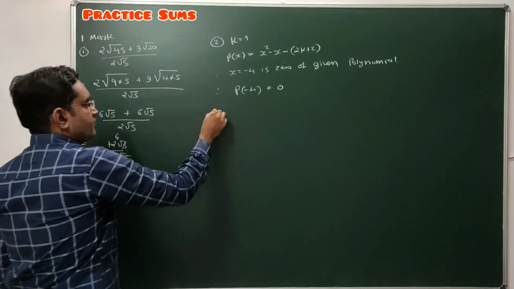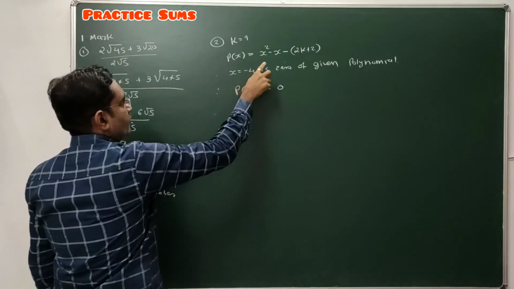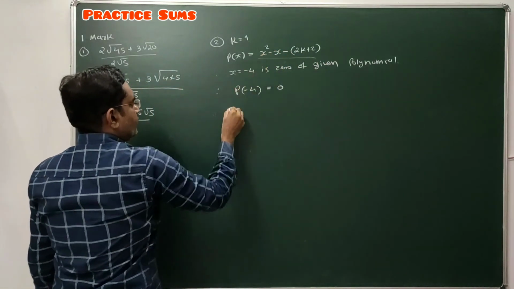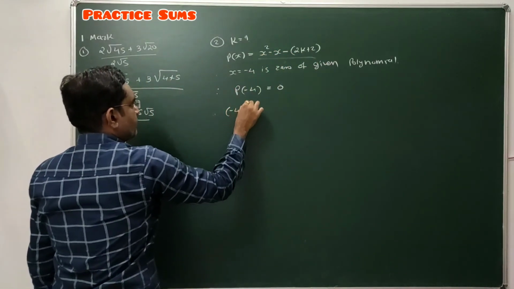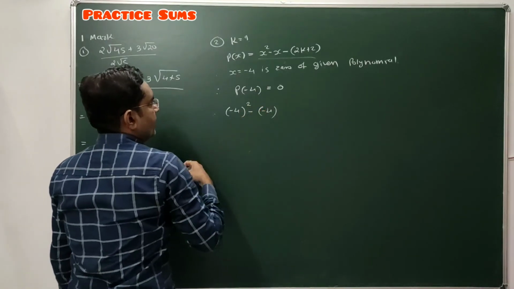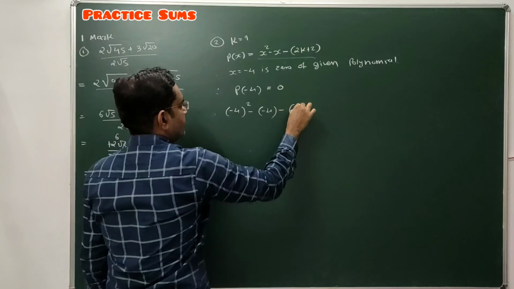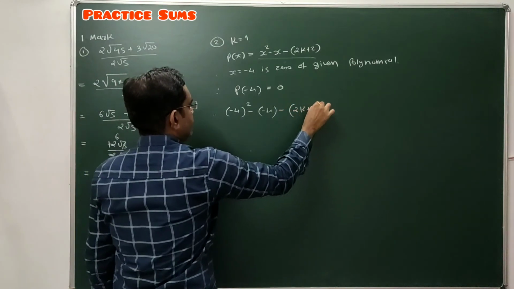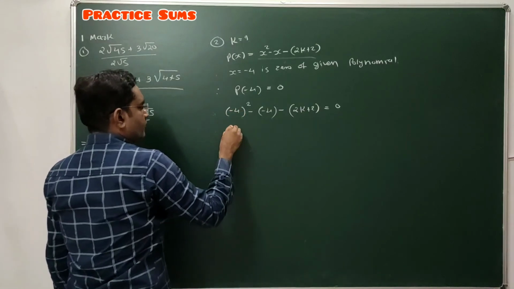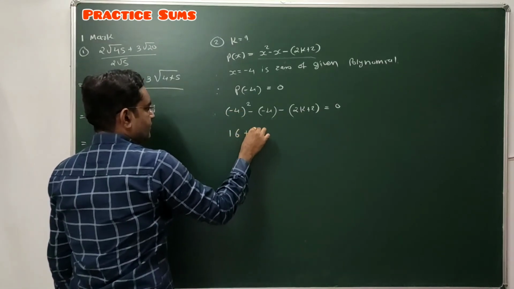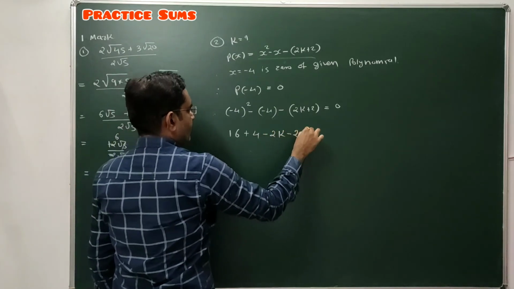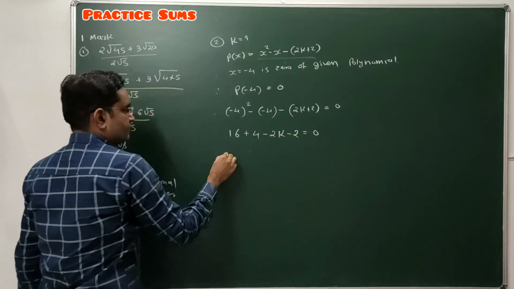Now put x equal to minus 4 in the given polynomial. So it's minus 4 square minus minus 4 minus 2k plus 2 equal to 0. Minus 4 square is 16 plus 4 minus 2k plus 2 equal to 0.